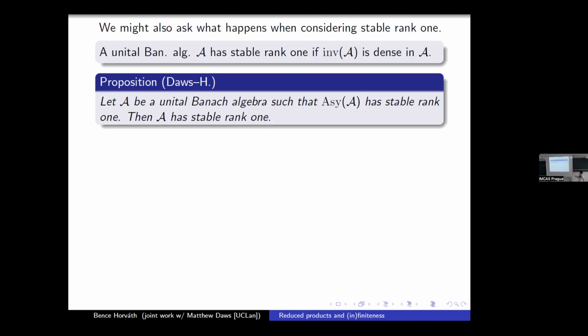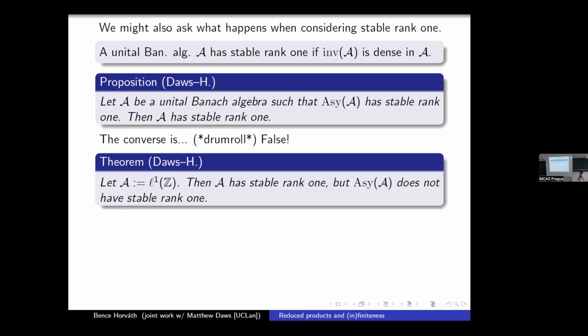You can prove a more quantitative version of this actually. But the converse is false, very false. So even if you take a super easy, nice, well-behaved Banach algebra, L1 of the integers with a convolution product, then actually this has stable rank 1, but the asymptotic sequence algebra does not.